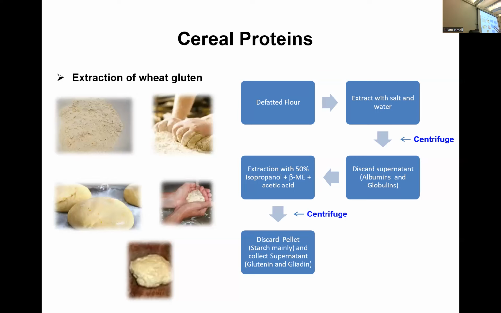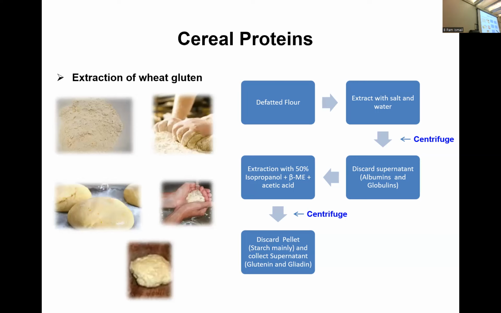Then we extract the pellet with isopropanol, and that gives me the gliadins. I take the supernatant, which has the gliadins, and dry it. Then I take the pellet and add BME and acetic acid in isopropanol. That solubilizes the glutenins, which are not very soluble.